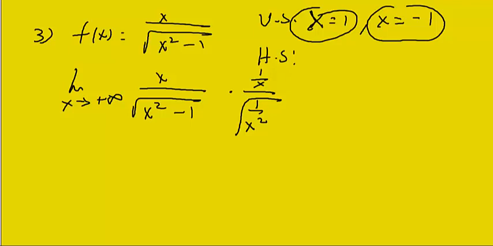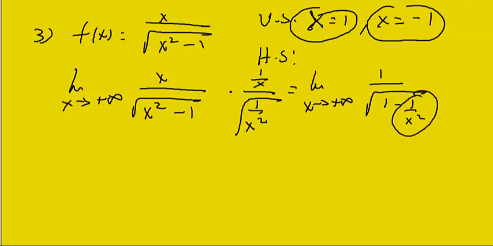So when I simplify this, I get the limit as x goes to positive infinity of 1 on the top, and on the bottom, square root of 1 minus 1 over x squared. When x goes to infinity, where is 1 over x squared going to go to? 0. So the top is going to go to 1, the bottom is going to go to 1, so this goes to 1. So y is equal to 1. That is one of my horizontal asymptotes.